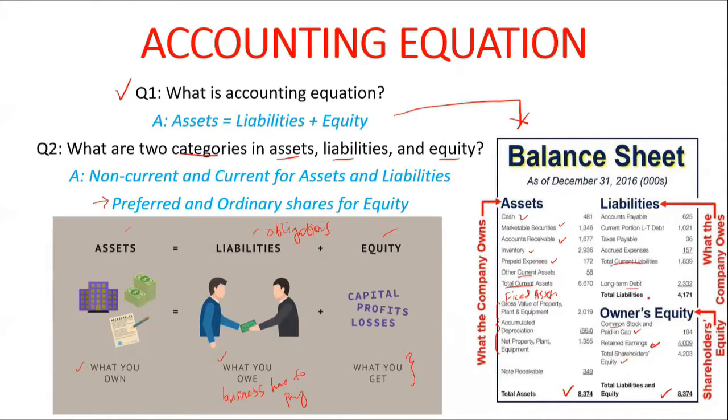You add the total liabilities with the total shareholders' equity to get total liabilities and total equity. Always, I will repeat again, assets are always going to be equal to liabilities and equity. This has to balance, and this is a very fundamental accounting concept. If you cannot balance it, then there's something wrong.